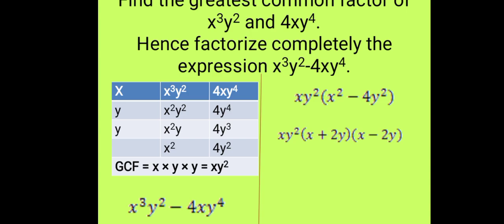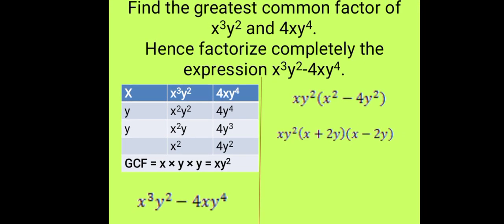If we write the numbers like that, x goes into the first number, x cubed y squared, how many times? It goes there x squared y squared 1 times, and it goes into 4xy to the power of 4, how many times? It goes there 4y to the power of 4.